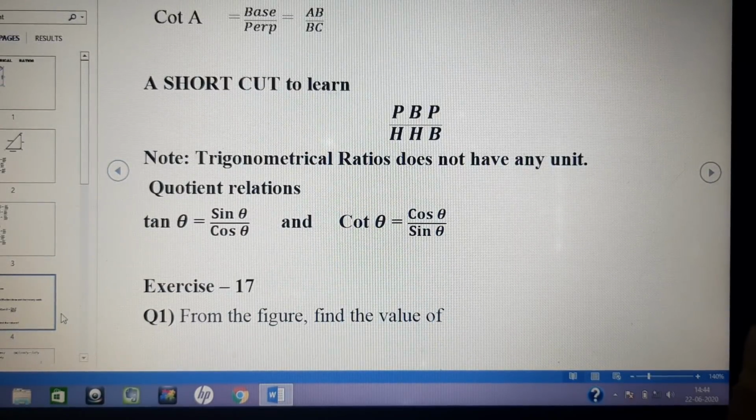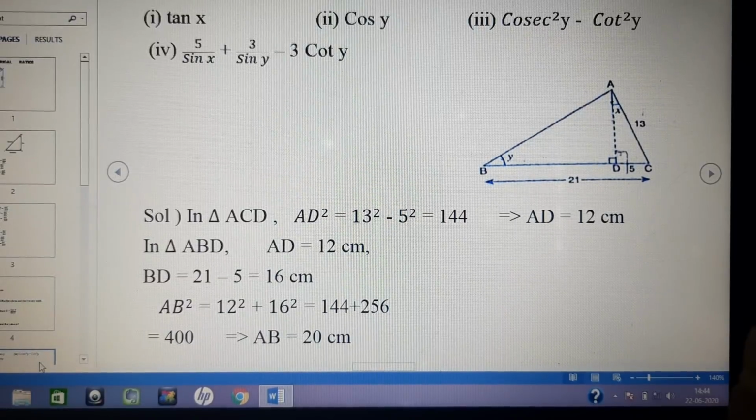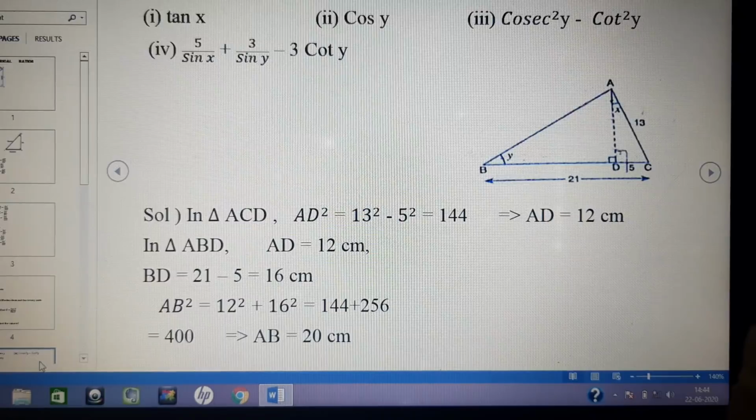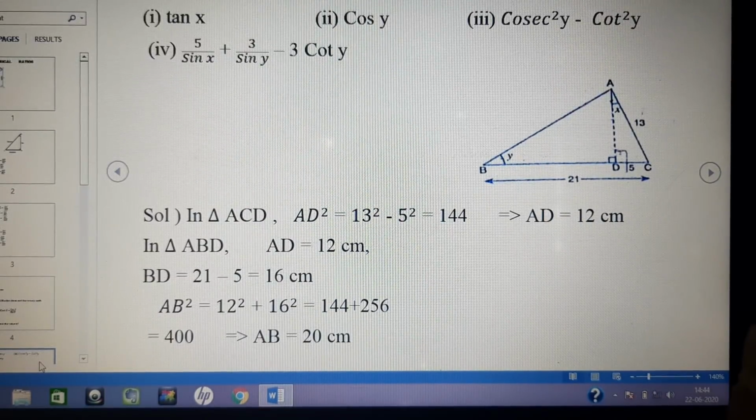It is question number 1. From the figure, we have to find out the value of tan x, cos y, cosec square y minus cot square y. Always remember, perpendicular, base and hypotenuse will keep changing according to the acute angle.